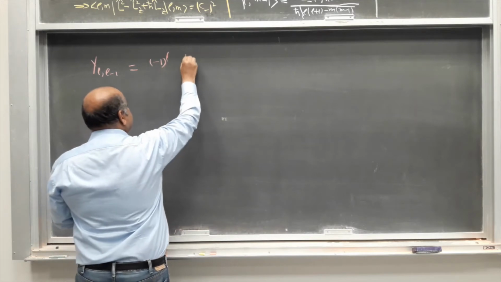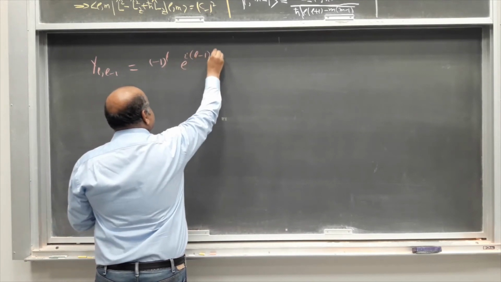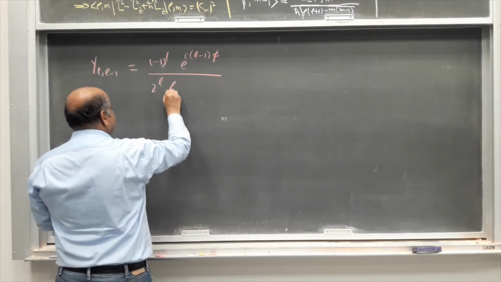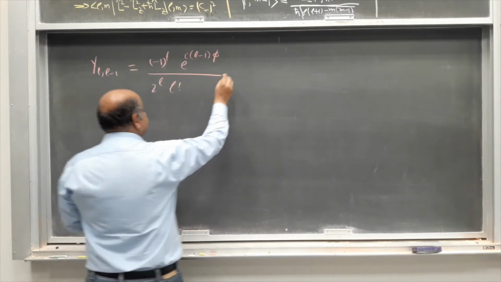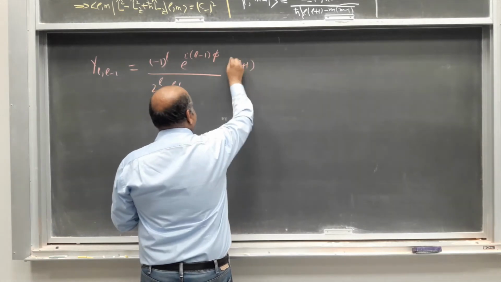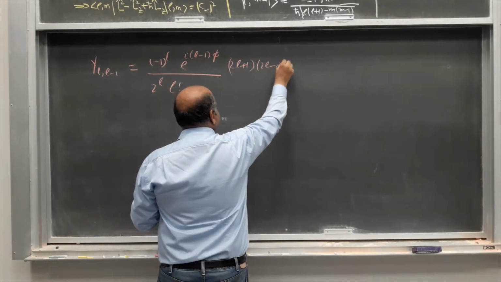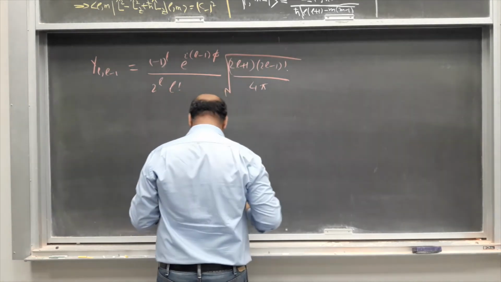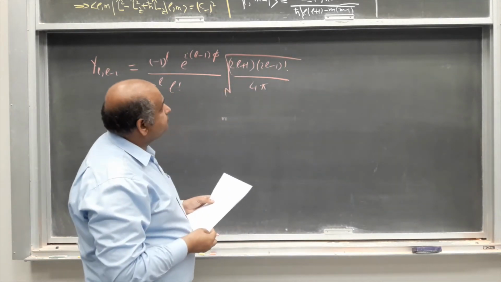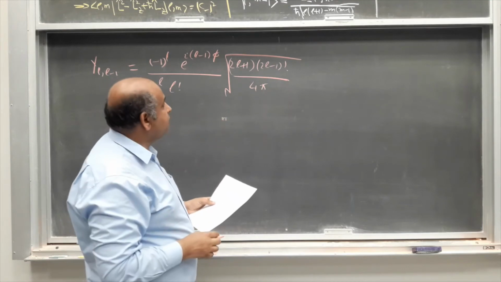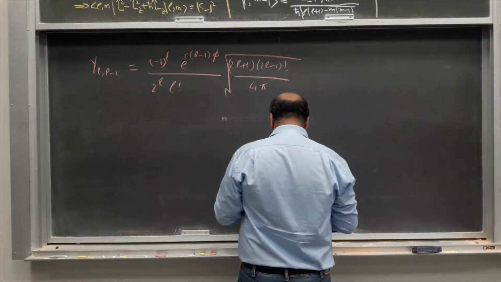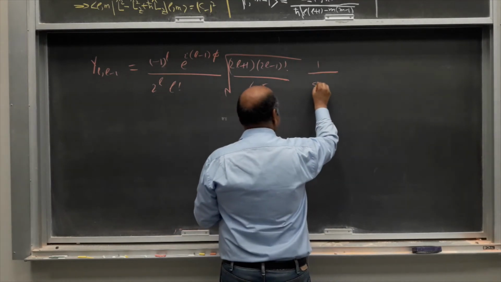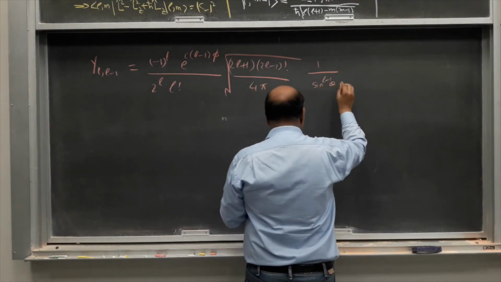Exponential, this, 2l factorial, (2l plus 1), (2l minus 1) factorial, 4 pi, and there were two terms which were adding up, I can actually combine them into a single term like this.